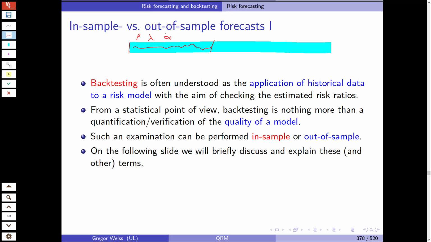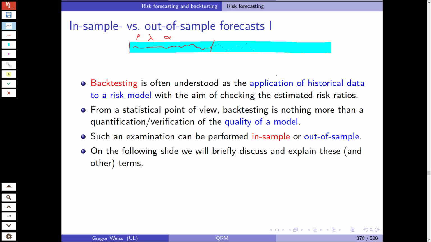If we then use these estimates for our model parameters, or our model in general, and we make forecasts, then these are called forecasts, in German Prognosewerte, Prognosen. What is the difference between an estimate and a forecast?